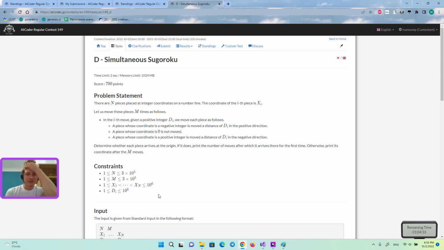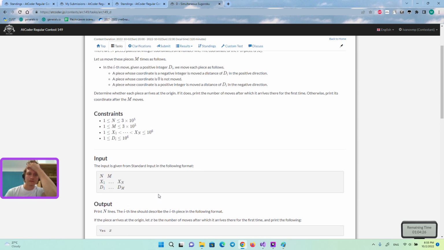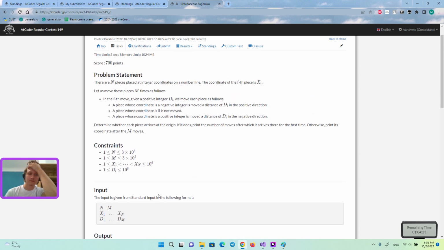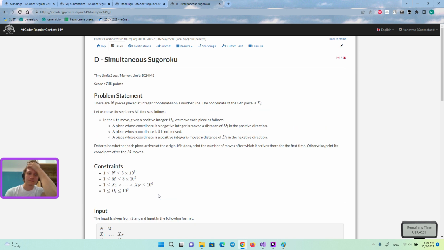Possibly this is some sort of segment tree. So for each point, we know that.